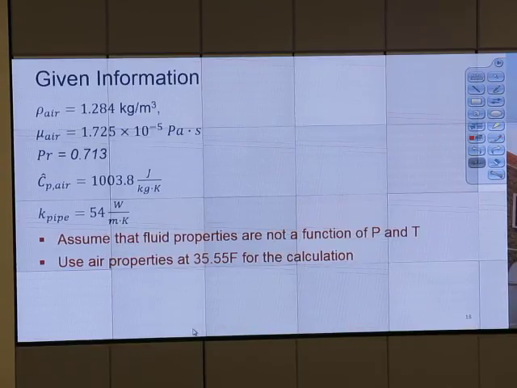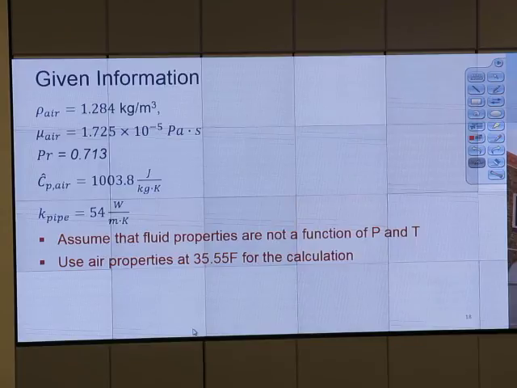Air property, I Googled it and used Engineering Toolbox to find the air property for density, viscosity, and Prandtl number. So with Prandtl number and viscosity and Cp, you can calculate the thermal conductivity, right? Thermal conductivity of carbon steel pipe is about 50 or 54 watt per meter per Kelvin. One of the assumptions that I have to make is fluid property is the same everywhere.